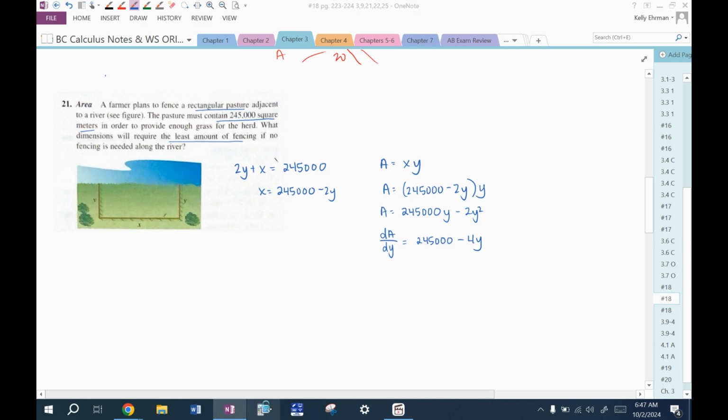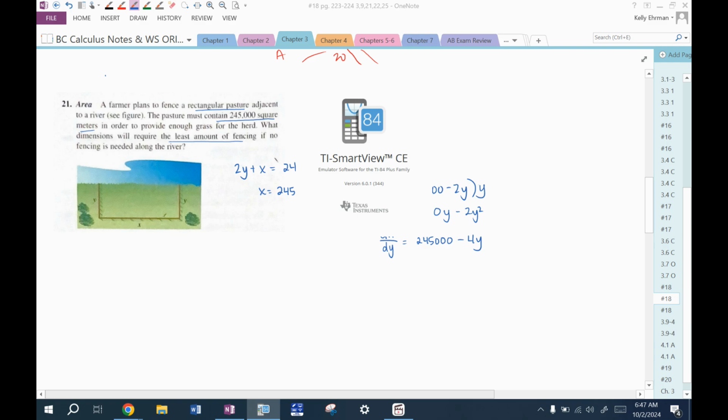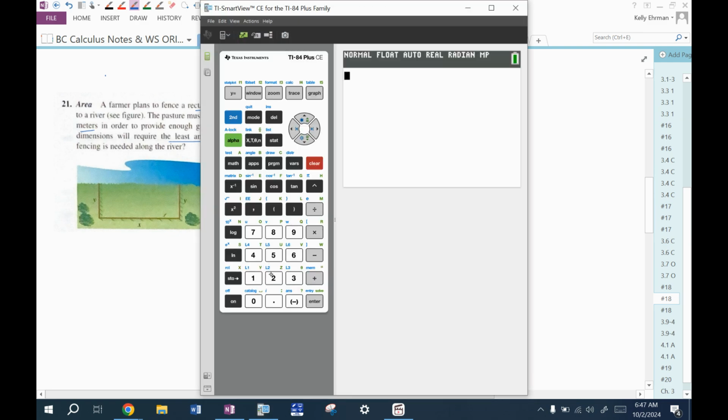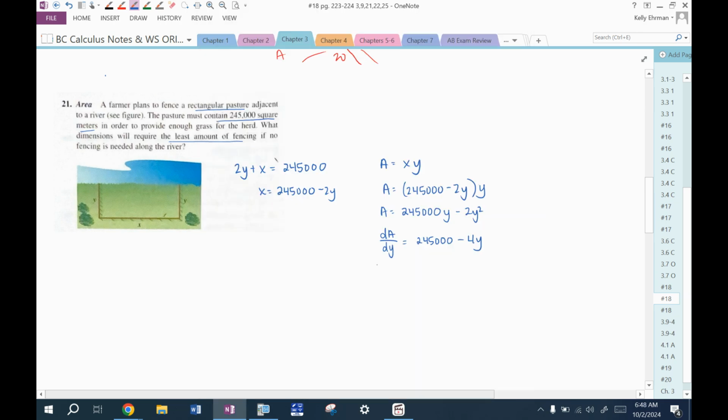And then solving for this, I'm using a calculator. I don't really want to crunch these numbers in my head. I guess we could if we were forced to, but let's see. 245,000 divided by 4 is 61,250.